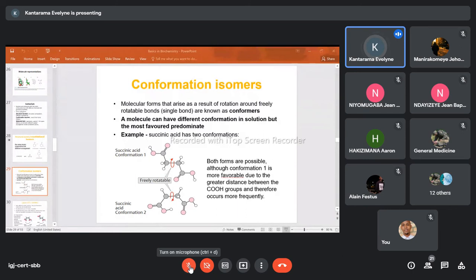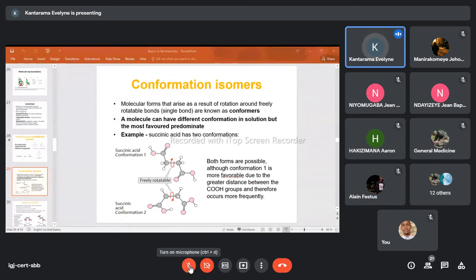Others cannot be observed, but at least some can be observed, and the more stable one is the one which will predominate. A molecule can have different conformations in solution, but the most favored predominates.